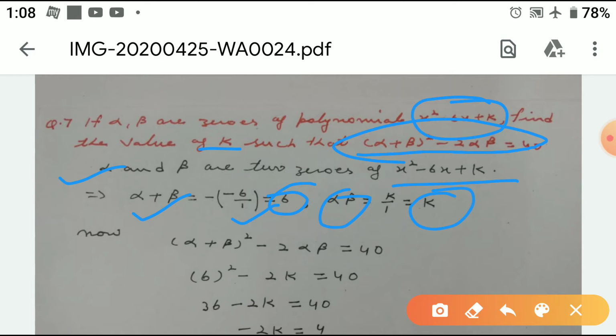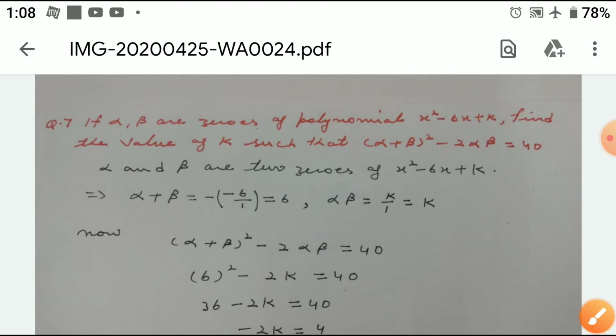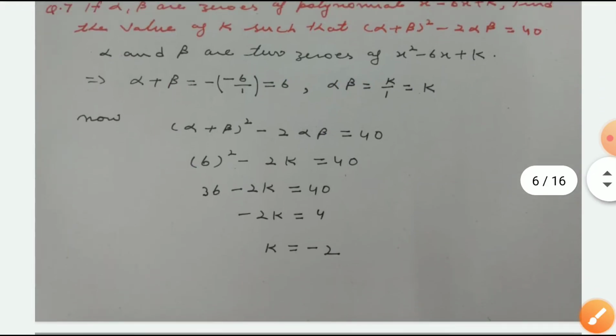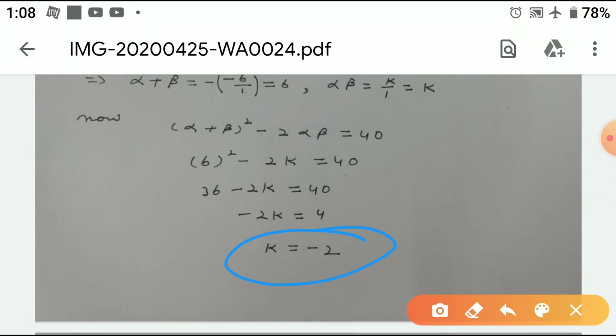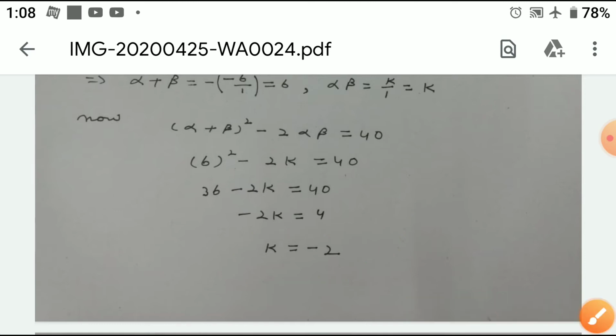After using the formula, you know alpha plus beta is minus b upon a and alpha beta, the product of zeros, is c upon a. Now put the values of alpha plus beta, that is 6, and alpha beta, that is k, and now solve. 36 minus 2k is equal to 40, and minus 2k is equal to 4, and finally the value of k comes minus 2. The value of k is minus 2.